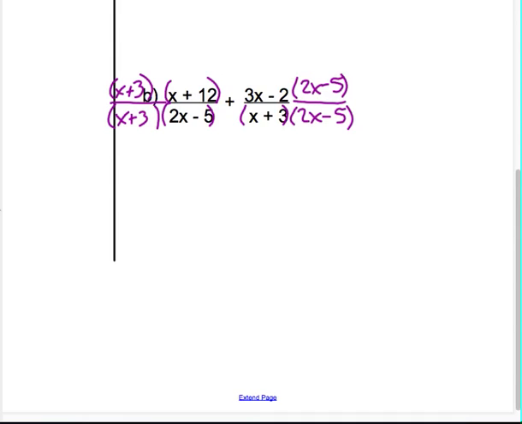All right, distributing my numerators, but keeping my denominators factored for now, I've got x squared. And again, keep track of that middle term in your head. 12x plus 3x is 15x. And 3 times 12 is 36.